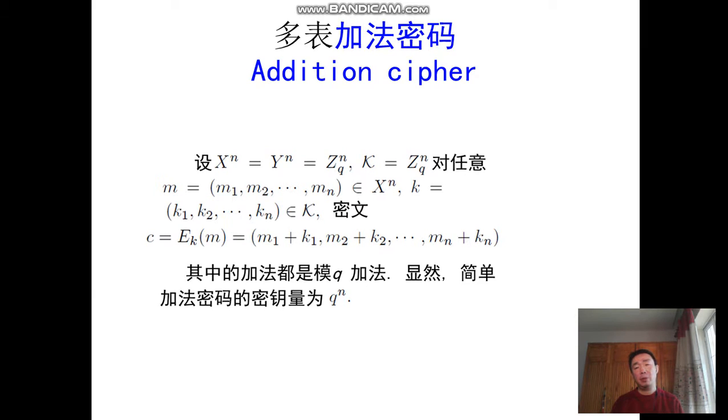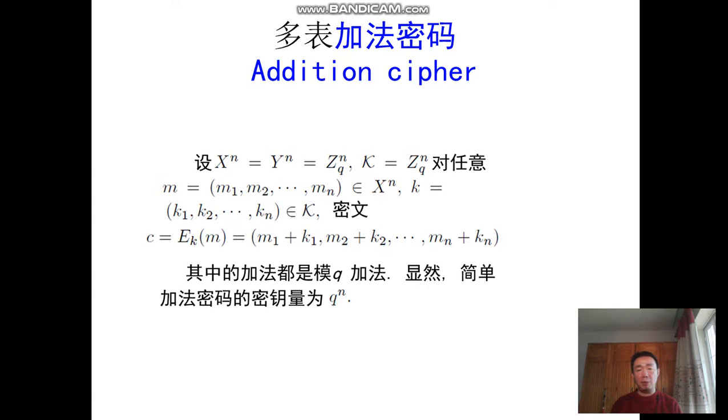Now we turn to multiple table ciphering. In fact, multiple table ciphering originates from single table ciphering, simply as a generalization. For example, the simplest one for multiple tables is the addition cipher also.